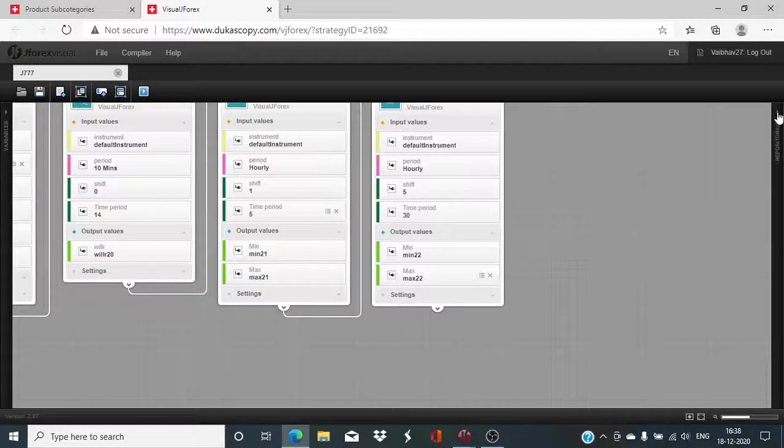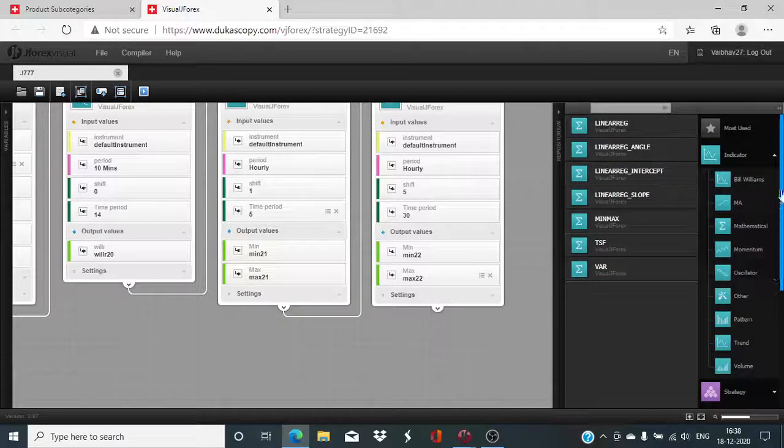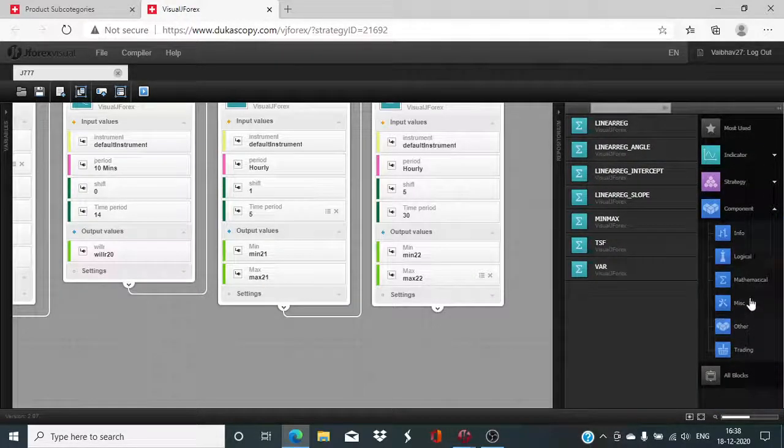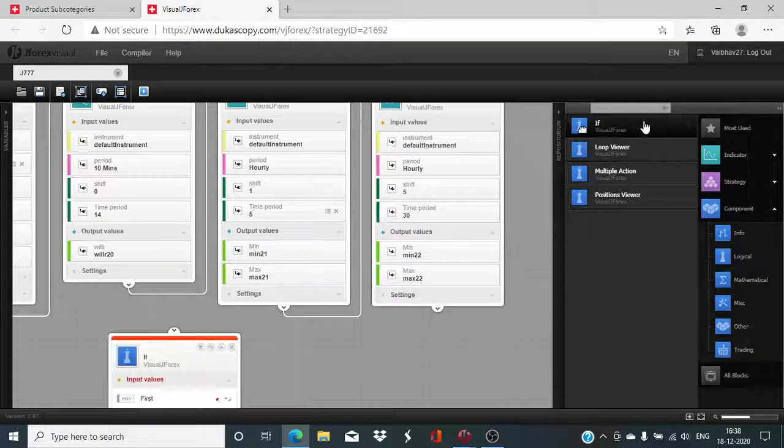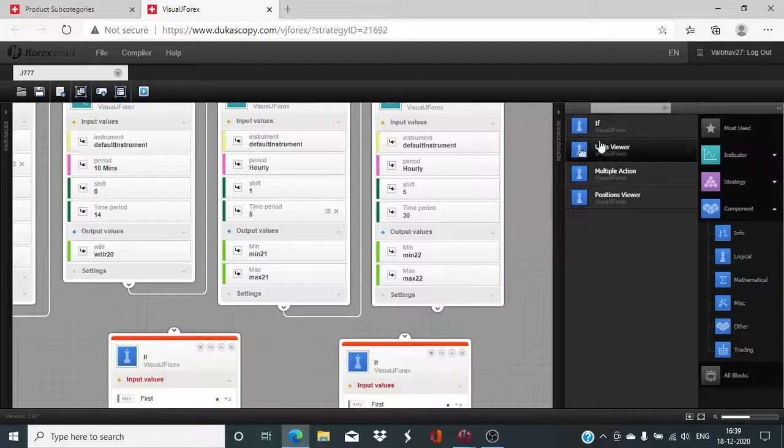Now if we want to add layers to it, if we want to set certain conditions using which the trade flow should move, then we can set those conditions also. So again we bring in the logical components, if else. So if certain conditions are met, trade flow will move in a certain direction.